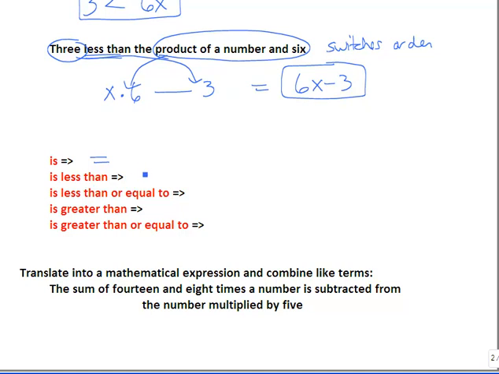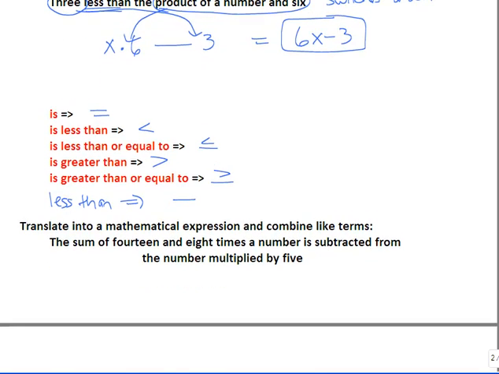"Is less than" becomes the less than inequality. "Is less than or equal to" becomes the less than or equal to inequality. "Is greater than" is the greater than symbol, and "is greater than or equal to" is the greater than or equal to symbol. Now if you just saw "less than" without the word "is," then that just becomes subtraction.